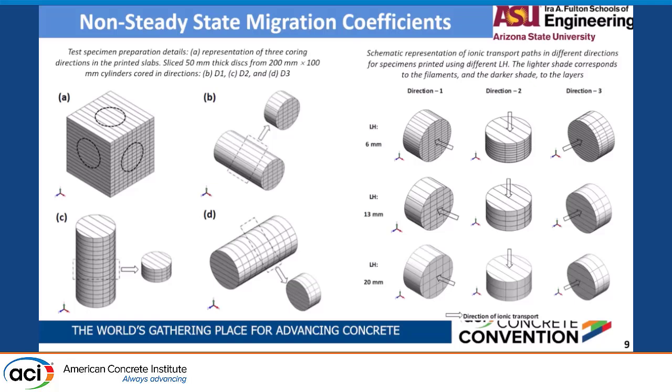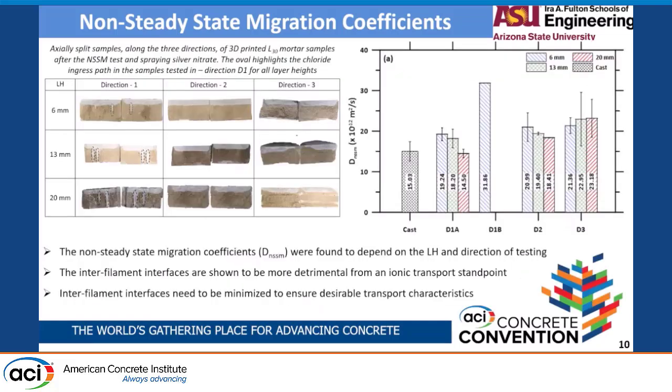We cored cylinders in 3 directions again, D1, D2, D3, and if you look at the figure on the right side, based on the test direction and layer height, the number and quality of the interfaces parallel to the transport direction differ.